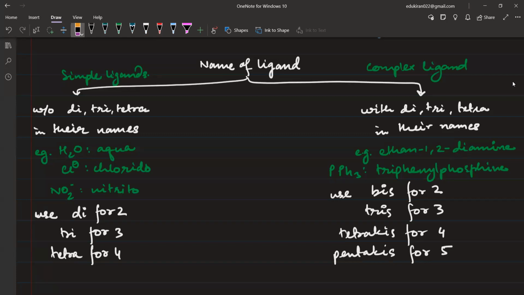Okay, write this down. Done writing this, yes or no? Yes, sir. Done. ठीक है.